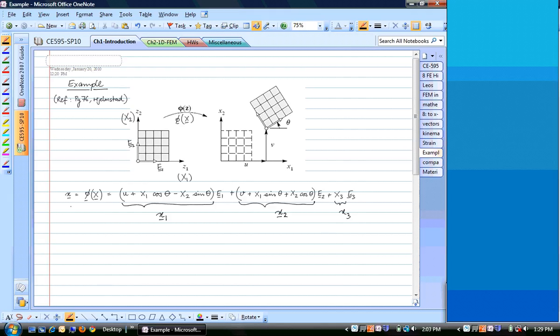So this pretty much defines how the body is going to move. If you give me a point in the original location, I can find out where it went. So what I want you to do is to try to find out what this deformation gradient is going to be.